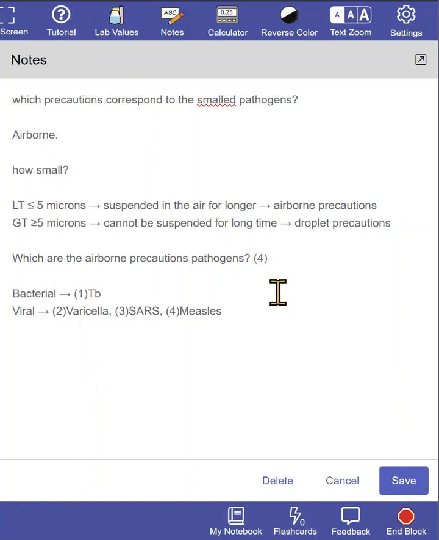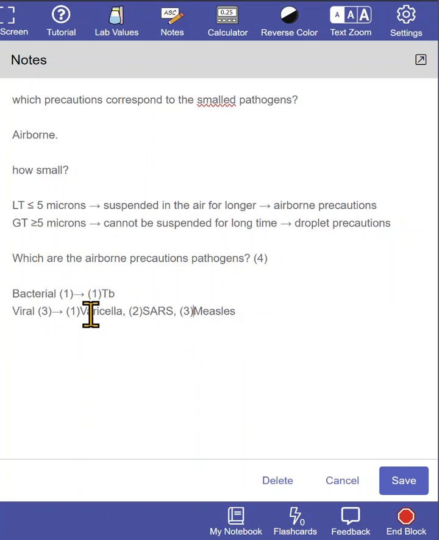The airborne precaution pathogens: you have TB for bacterial, and you have 3 for the viral. So you have varicella, SARS, and measles for viral, and then TB is your bacterial.